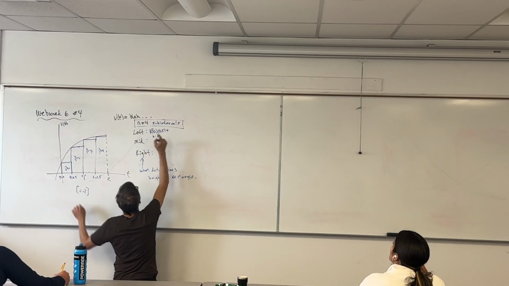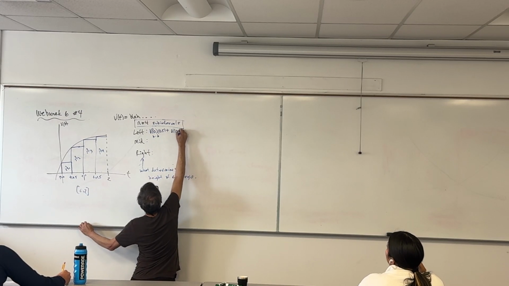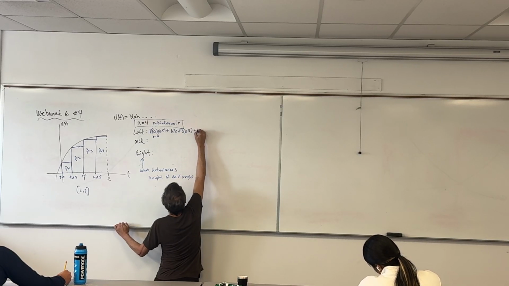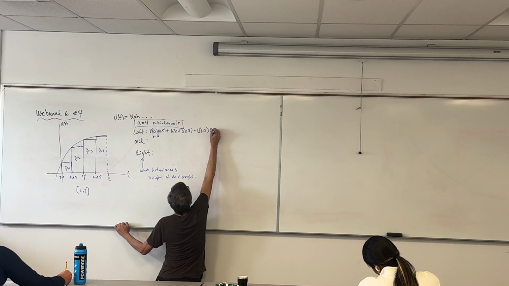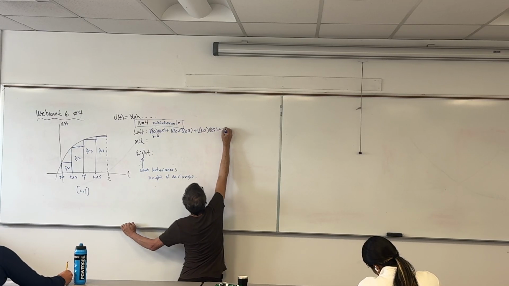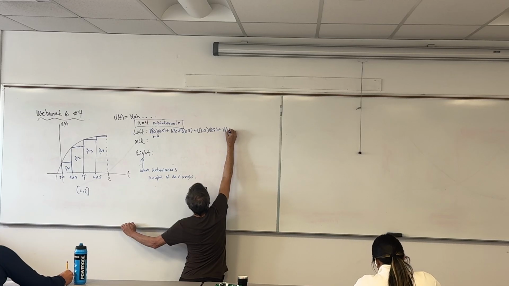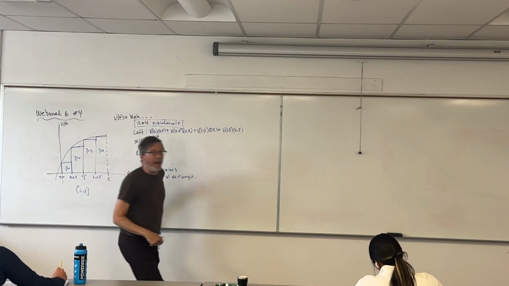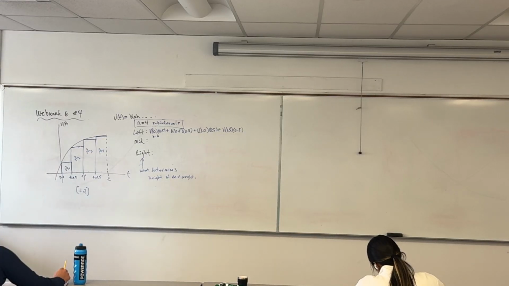It's v of 0.5 high times its width of 0.5. And once you get the rhythm, you just grab each of those, plus, and you'll literally have to crank that out and get that number. That's your answer right there for that one. So just a little bit of computation is all it's going to take.